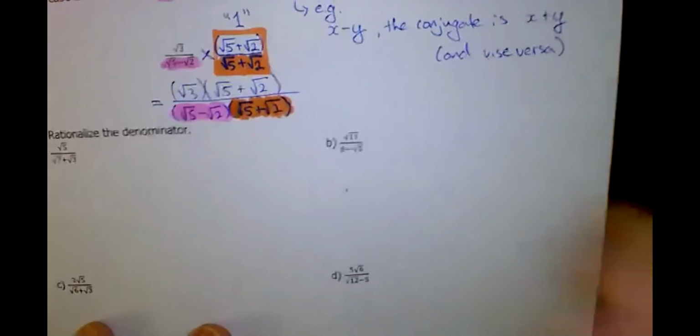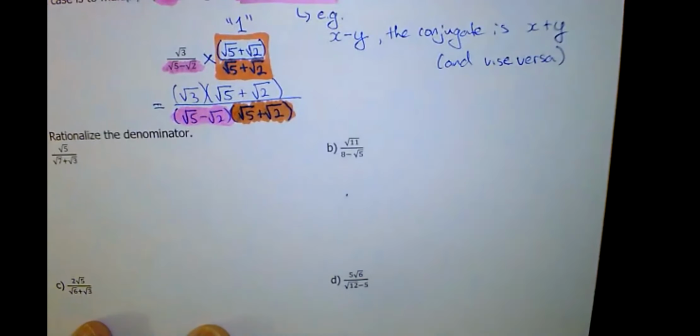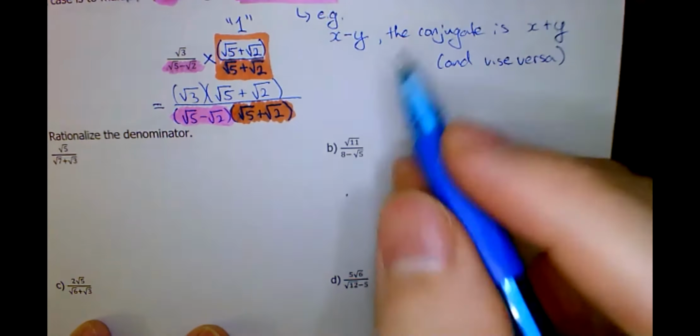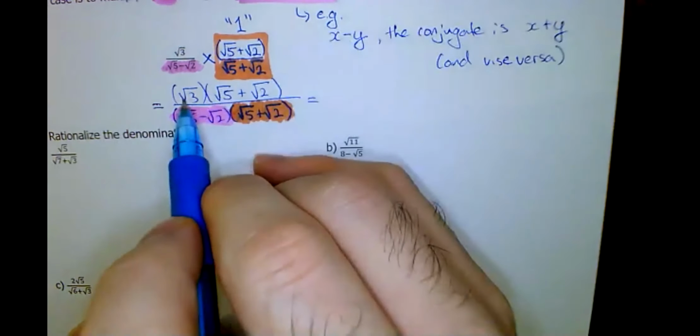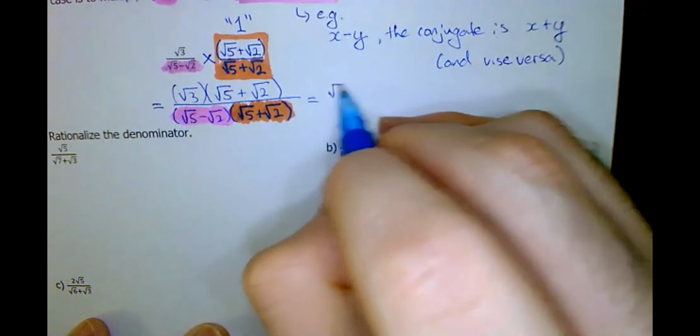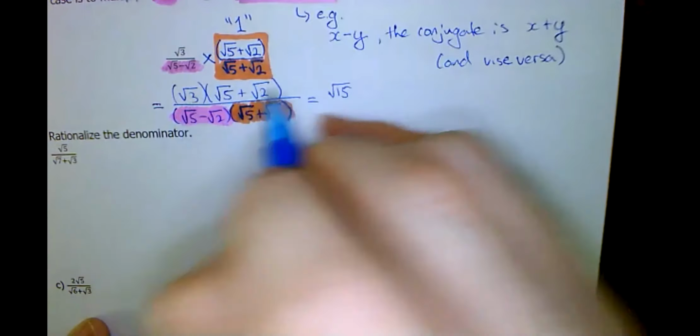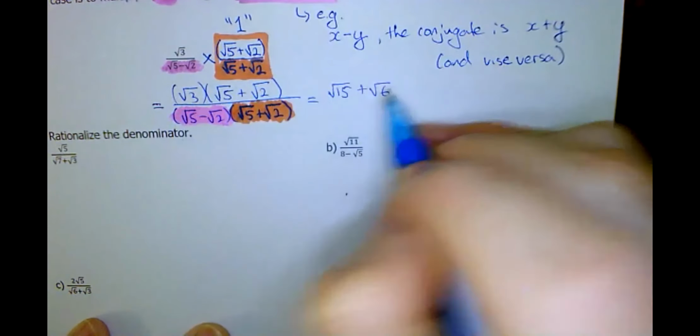Why would we do this? Some of you who are following so far might see it already. This might look very familiar to you. Others might have guessed. 3 times 5, that's root 15. 3 times 2, that's root 6.